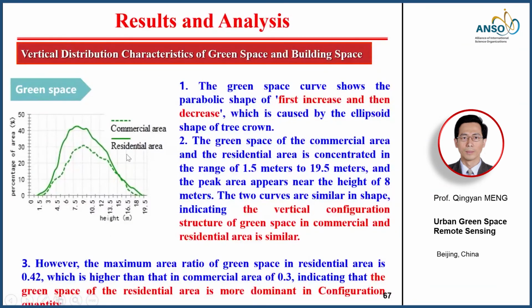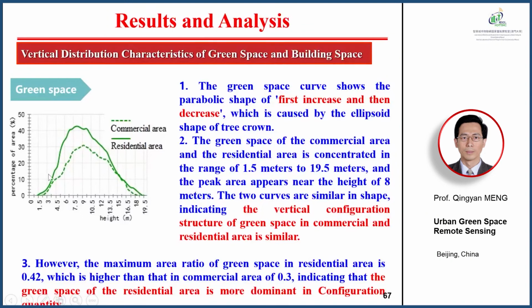Then we can retrieve more information. This is the residential area. This is the commercial. This is the green space. The green space curve shows a parabolic shape, first increasing and then decreasing, caused by the ellipsoid shape of the tree crown.